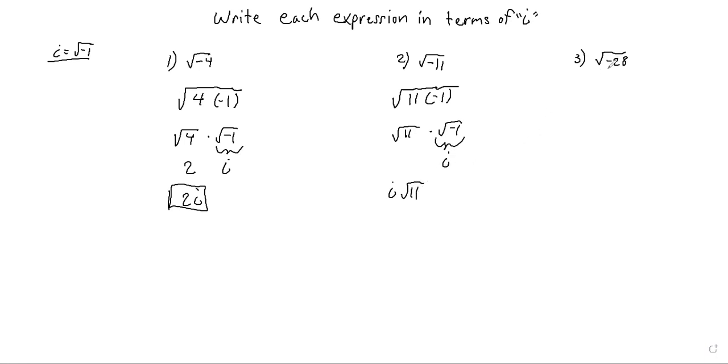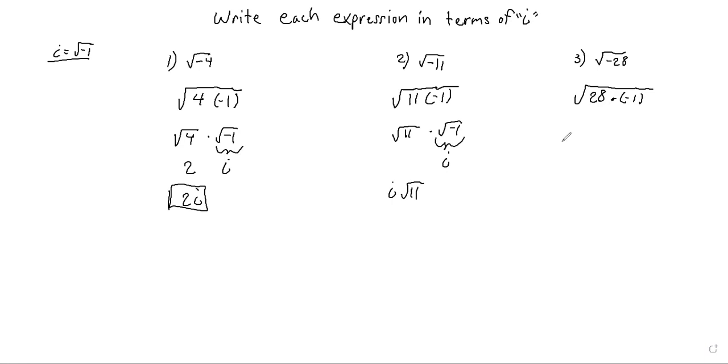Square root of -28, right? We're going to follow the same procedure. We're going to factor underneath the square root symbol. So under here, we're going to say 28 times, that's multiplication, -1, right? But we notice that 28 has more factors, right? And we see that one of the factors of 28 is a perfect square.